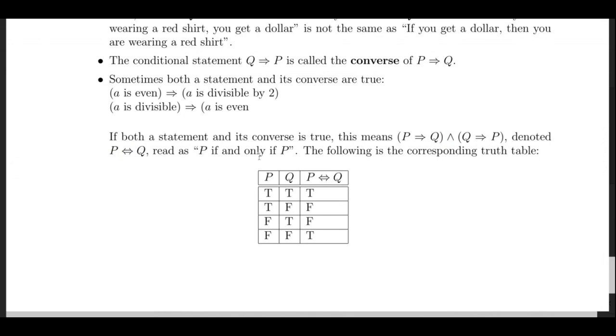Sorry, this is another typo: P if and only if Q, or Q if and only if P. You can understand this as an equal sign, but this is equality in statements. So we use different notations.